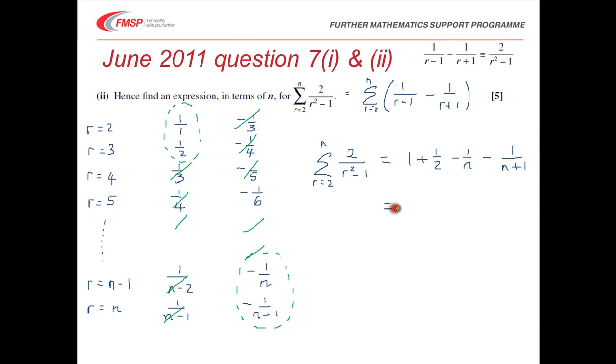So if we simplify those 2 numbers, we get 3 over 2 minus 1 over n minus 1 over n plus 1. So that now is our sum.